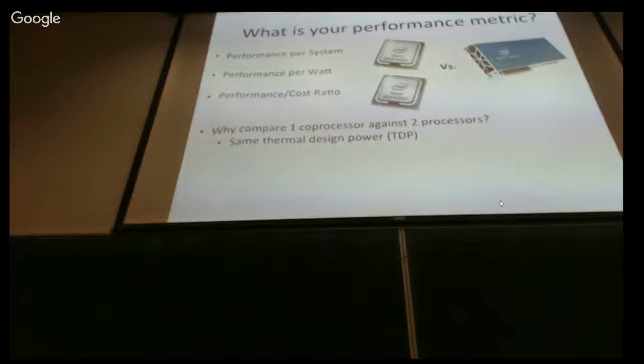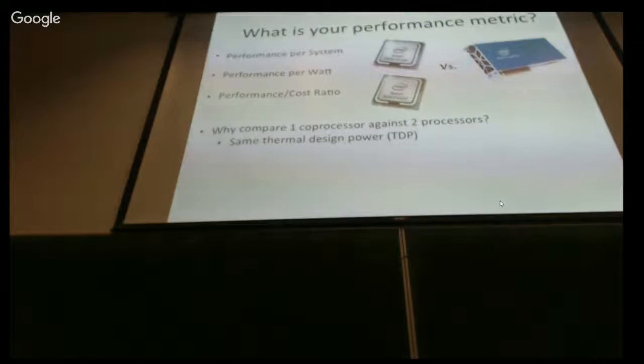They come in a two socket form factor, and the reason is that they have the same thermal design power. The thermal design power of KNC is 250 watts, let's say, depending on its SKU. The thermal design power of two socket Ivy Bridge is around 250 watts as well. That's why you compare like against like when it comes to thermal design power.